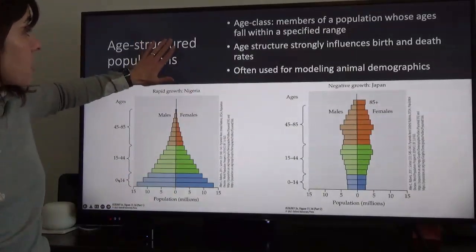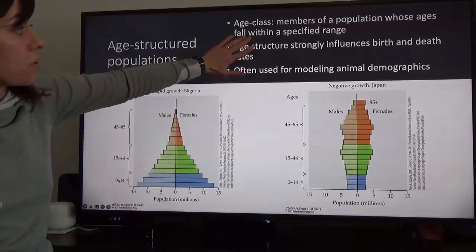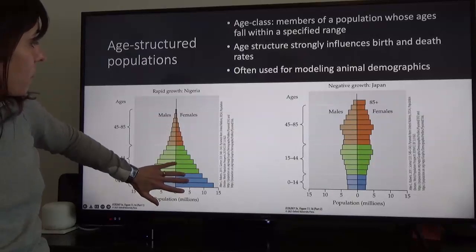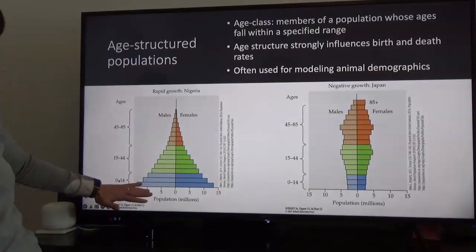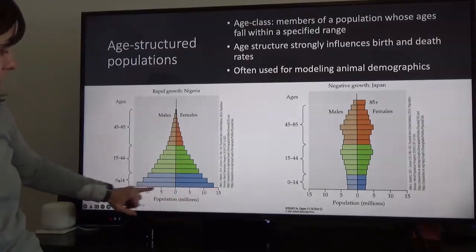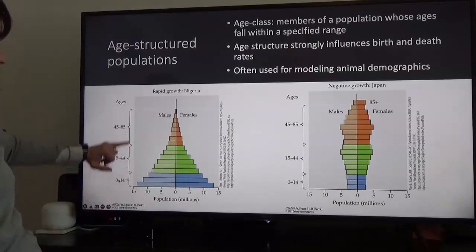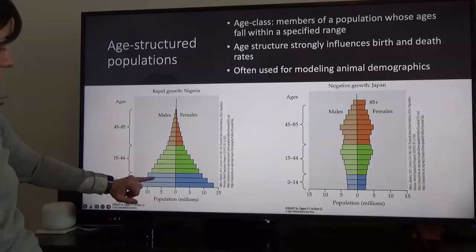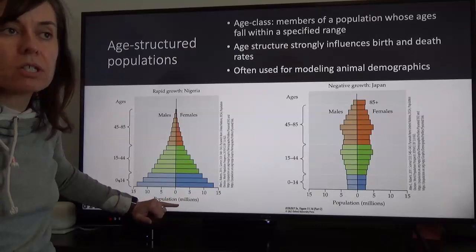And so in age-structured populations, we have an age class, so members of a population whose ages fall within a specified range. And we can see this here for a population in Nigeria and one in Japan. We have population in millions on the x-axis, and ages on the y-axis. Each of these bars corresponds to an age bracket, and then they've been broken down into another important attribute.